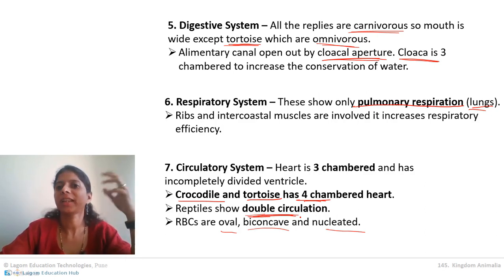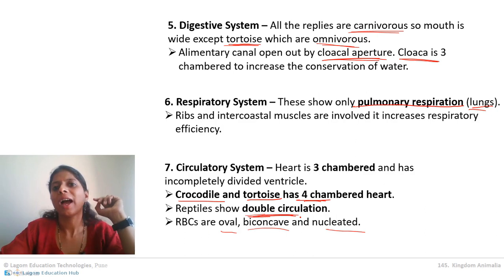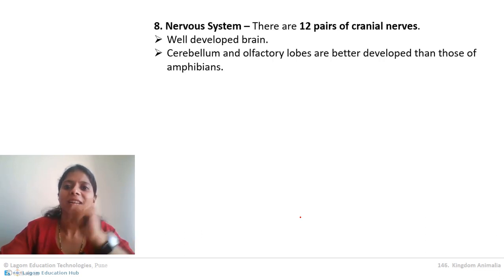Endoskeleton is obviously made up of bones. Then respiratory system, you need to remember pulmonary respiration. The extra characteristic is ribs and intercostal muscles. Three-chambered heart in almost all of them except crocodile and tortoise. The heart is four-chambered in those, and the specification is double circulation. Okay, let us shift to the next characteristic.